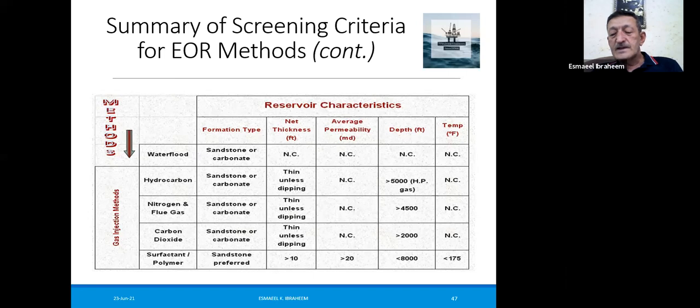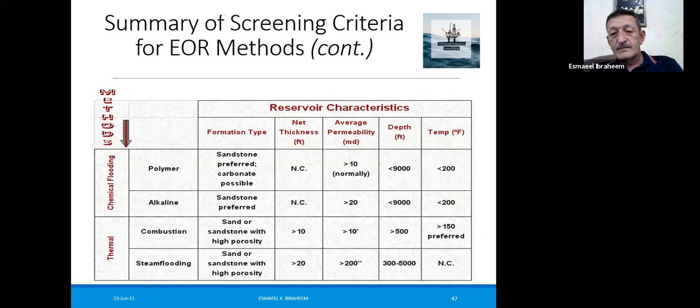Depth less than 8,000 feet. And the temperature less than 175 degrees. So for each method or each process, you have different reservoir characteristics, and these characteristics should match the ones that you have in your reservoir.